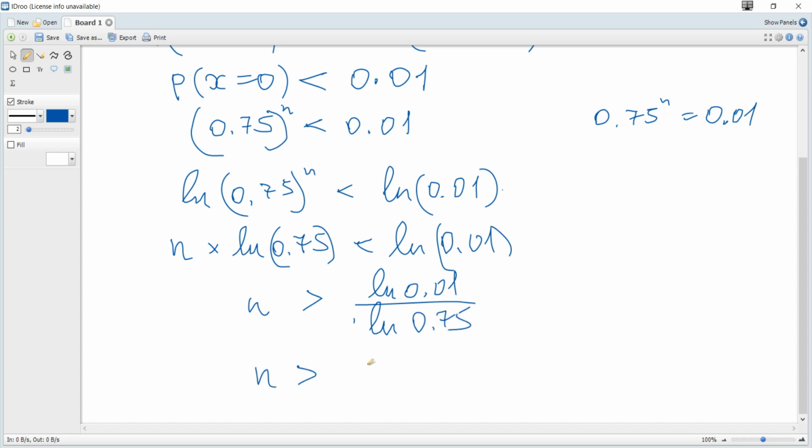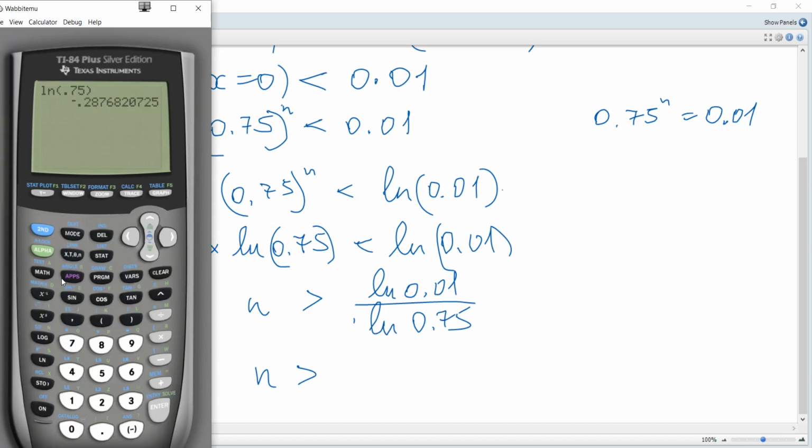And we get that n is greater than ln of 0.01 divided by ln of 0.75, which gives 16 point something.